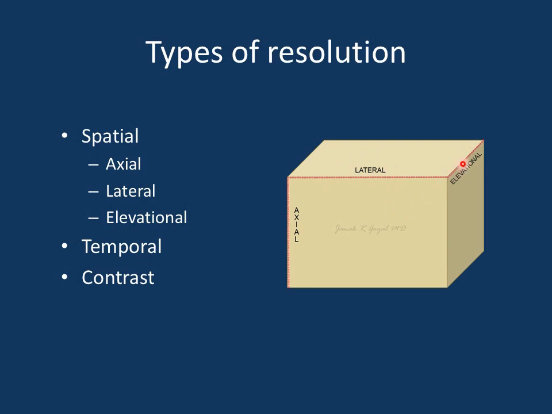And the resolution along the short axis of your transducer face is elevational, which most of the time is not seen on your screen because the beam has 3 dimensions, but the image on the screen has only 2 dimensions. So when we're looking at the image, we're just looking at the axial component, which is along the depth, and the lateral component, which is along the long axis of the face of your transducer.